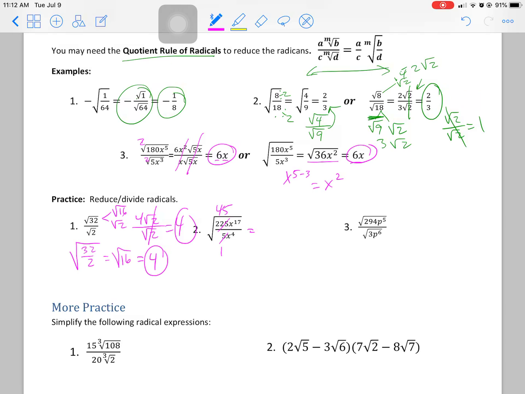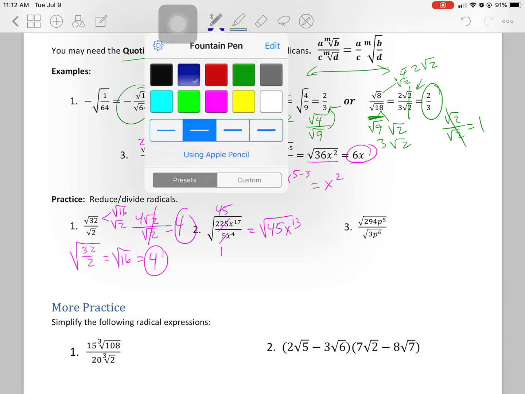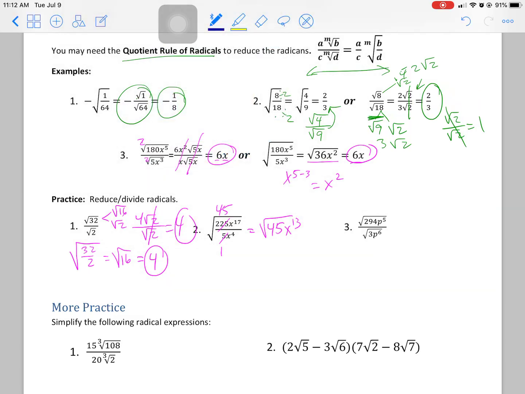All right, and then x to the 17th minus 4 is x to the 13th. So this can be changed to 45x^13. Get this out of the way. Okay. 45 has a 9 in it.